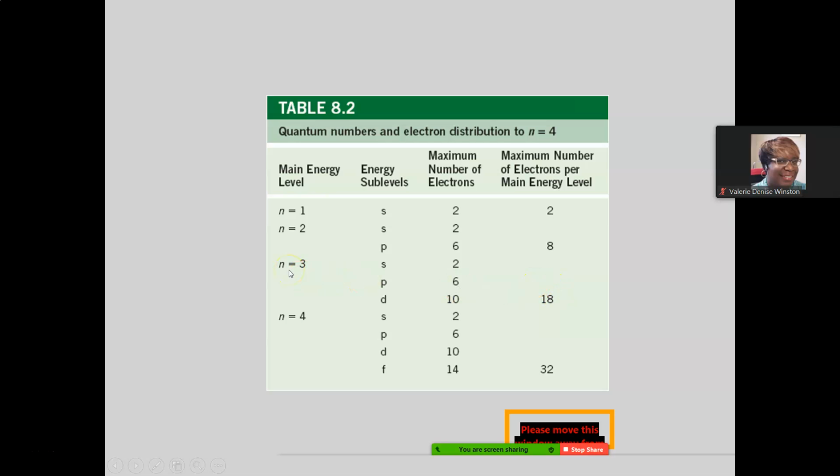And we'll see how this plays out later. When n is equal to 4, you can have one s, which can hold 2 electrons, 3 p's that can hold 6 electrons, 5 d's that can hold 10 electrons, and 7 f's that can hold up to 14 electrons. Not always do they have all of them filled, but that's the maximum. That gets us up to 32. On the periodic table, we can't really relate it to that yet.